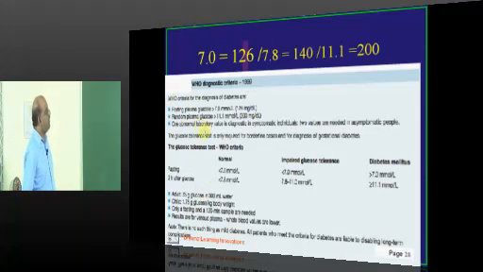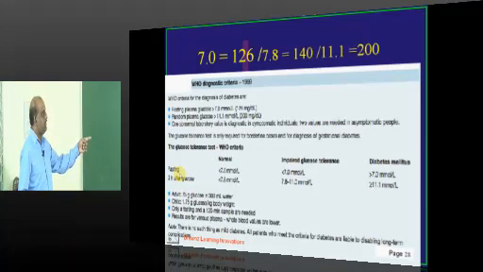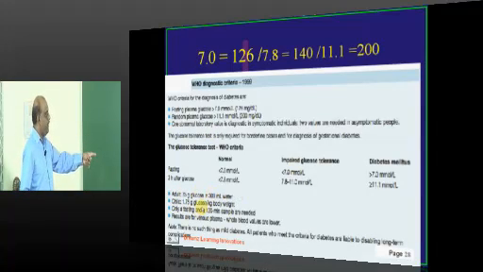Then if you do the glucose tolerance test, normal means fasting is less than 126, and 2 hours after taking the glucose load is less than 140.